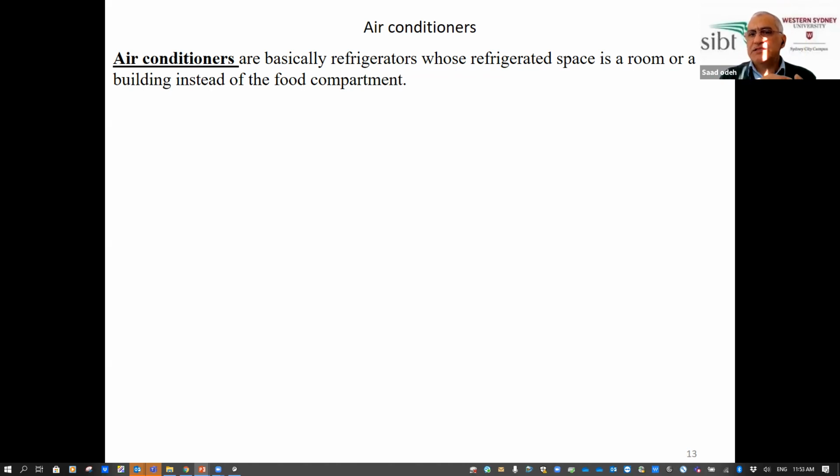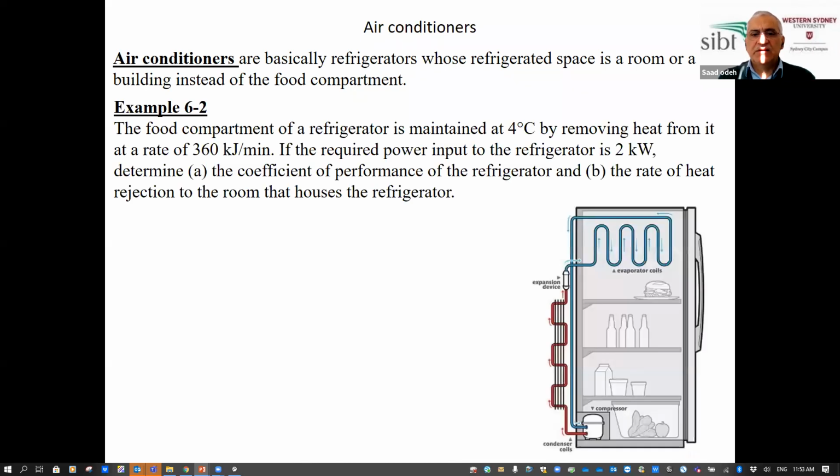While in air conditioning system, we have something suitable for humans, say between 18 and 22. But the cycle is the same cycle. The only difference is the pressure and temperature will be different in different parts of the cycle.